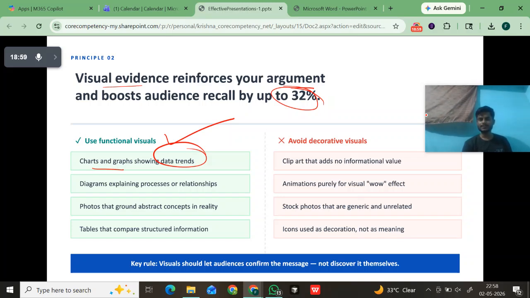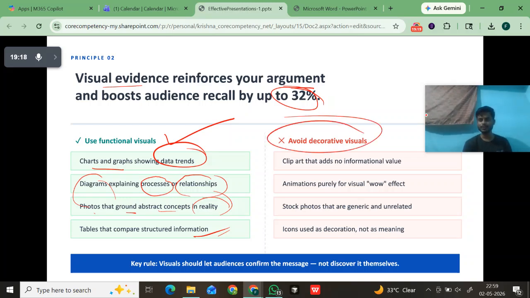And if you are explaining some process or relationship, you can use a diagram, okay? Photos ground abstract concepts in reality, and tables compare. If there is a comparison, just use a table, that's it.